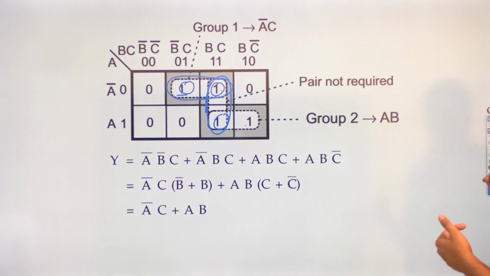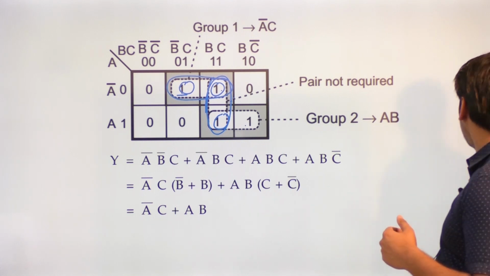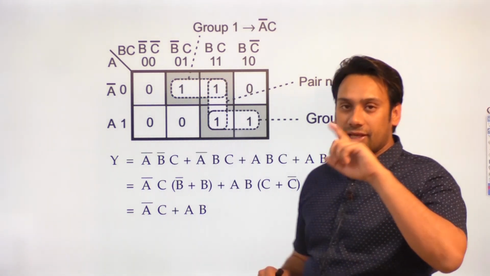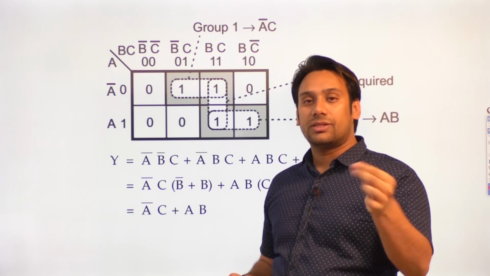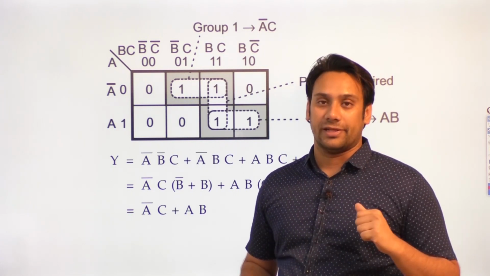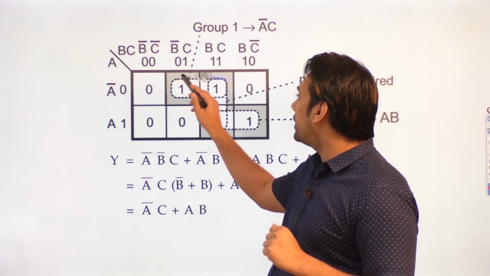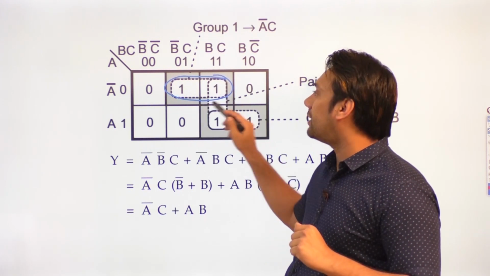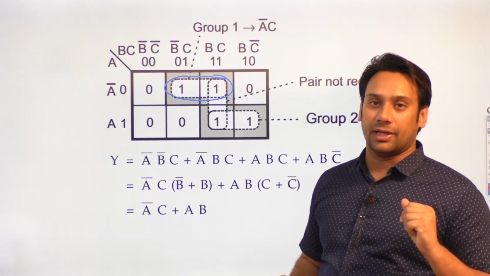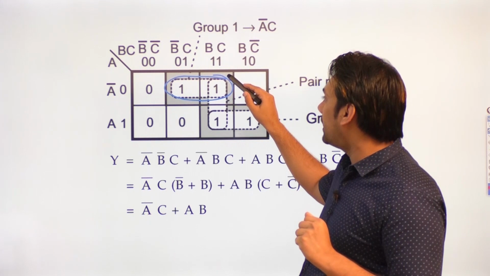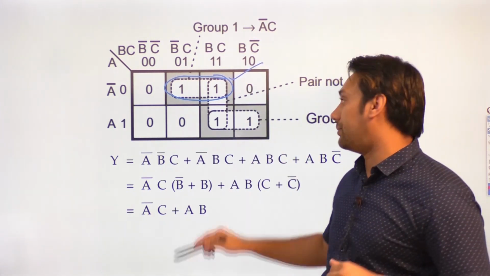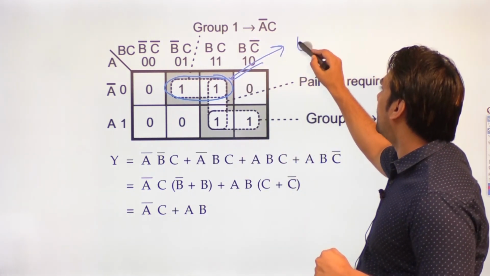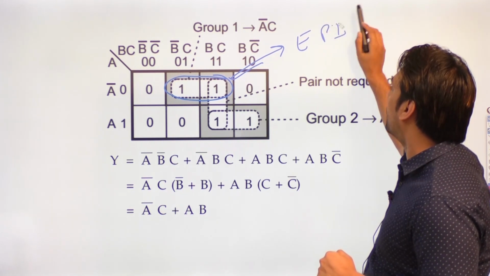Then third one is essential prime implicant. तो essential prime implicant का मतलब क्या है? Is there any prime implicant which is covering a one which is not covered by anyone else? जैसे if you look at this implicant, ये जो implicant है, this implicant is a prime implicant, right? But at the same time this implicant is also essential prime. ये जो implicant है यहाँ पर, ये एक essential prime implicant भी है. Why?